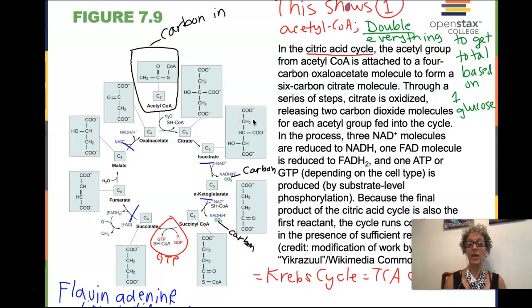So now we have 10 NADH chemical potential energy. And we have 2 FADH2. So our grand total is 10 NADH, 2 FADH2, and 4 ATP.